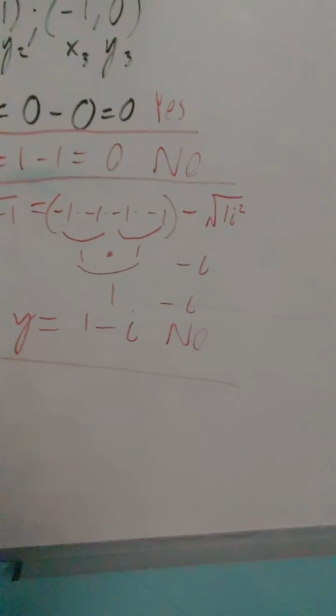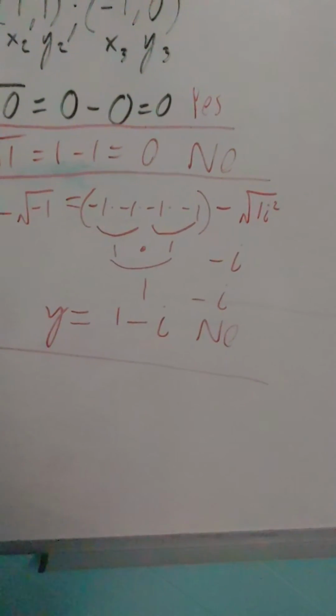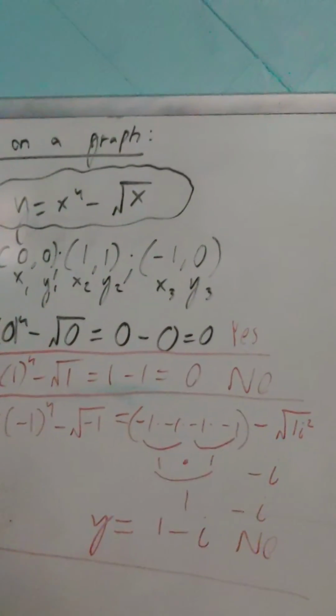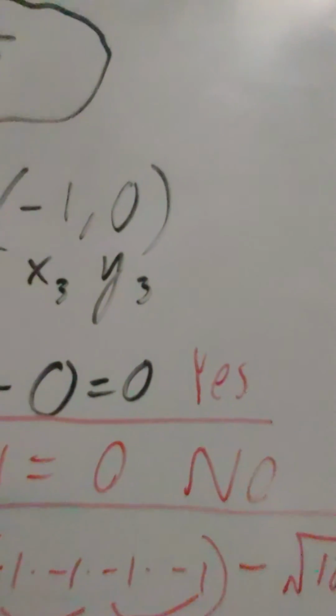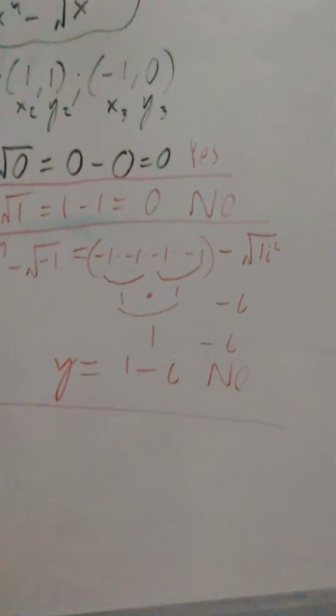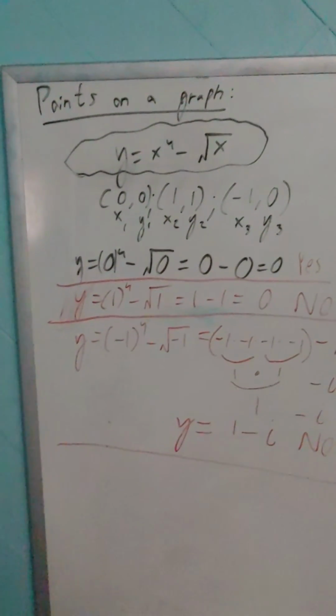So overall, you're going to get 1 minus i, and that should be your y value. Now we're going to look back at what the y value was given. The y value given was 0. So this doesn't actually match. Therefore, this is not on the equation. So the only one that works is the very first one, (0, 0).